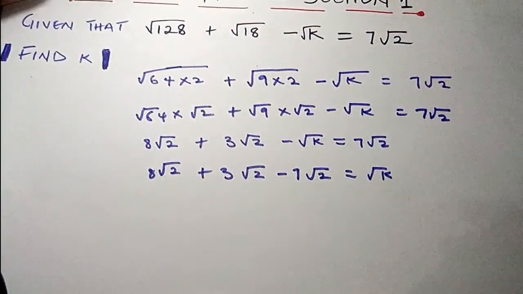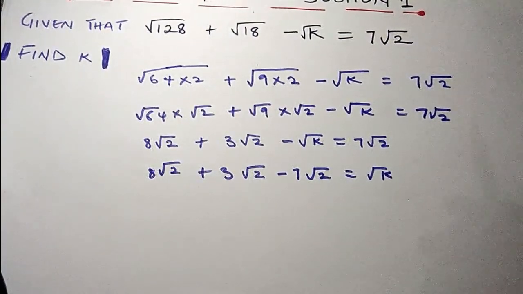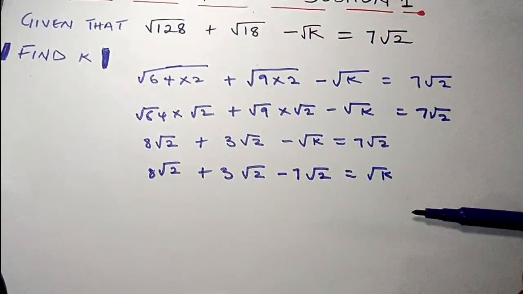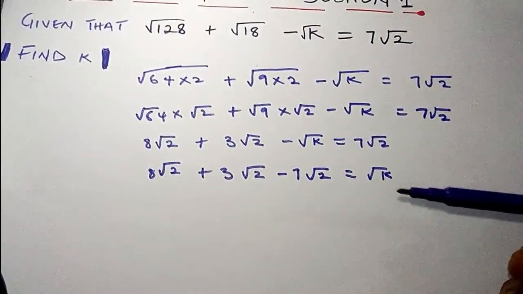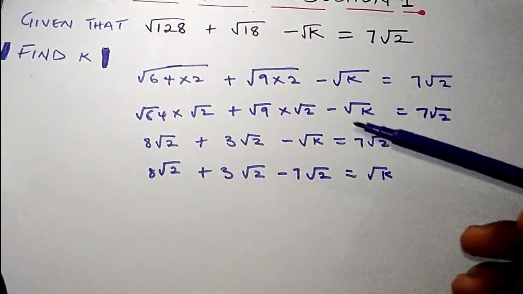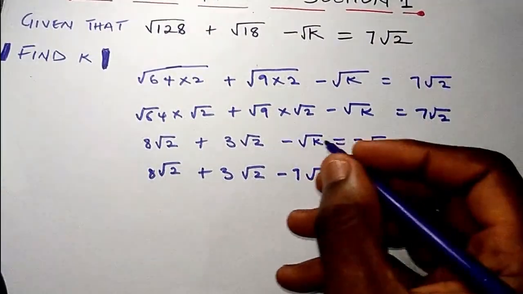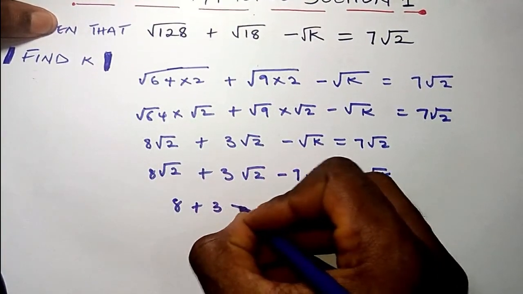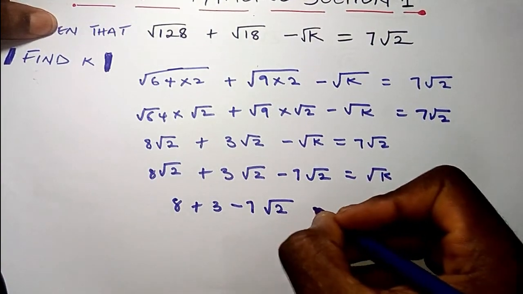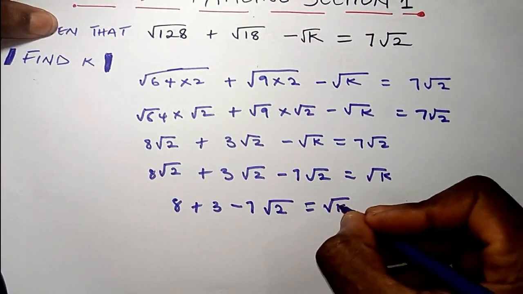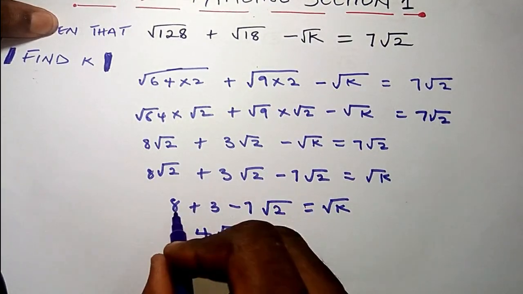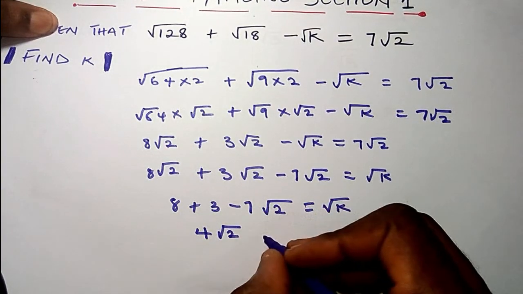So now that we've gotten this, you notice one aspect of addition or subtraction in SOD is that when you have the same SOD form for each of these values, you leave the SOD form in place and add or subtract the exterior or outer natural numbers. And that's the same thing we're going to do. So we're going to have here 8 plus 3 minus 7, root 2, equal to root k. So this is obviously 4 root 2, because 8 plus 3 is 11, minus 7 is 4, so 4 root 2 is root k.